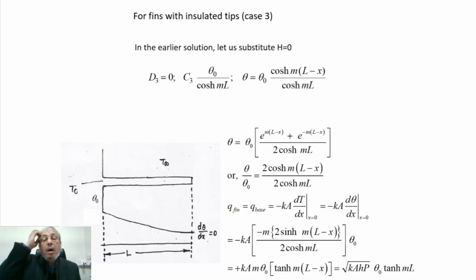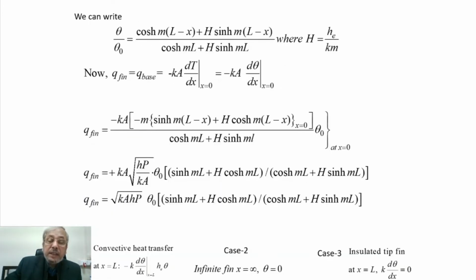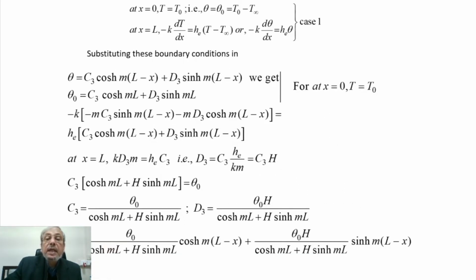So first, it is very easy to extend this analysis for an insulated tip fin. For an insulated tip fin, we can see that k dT/dx will be 0. That means this h by km, which comes from here, should be 0.